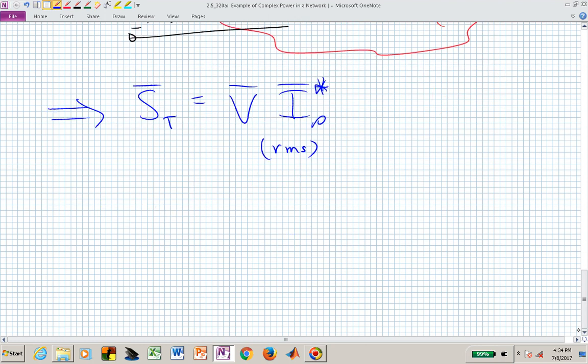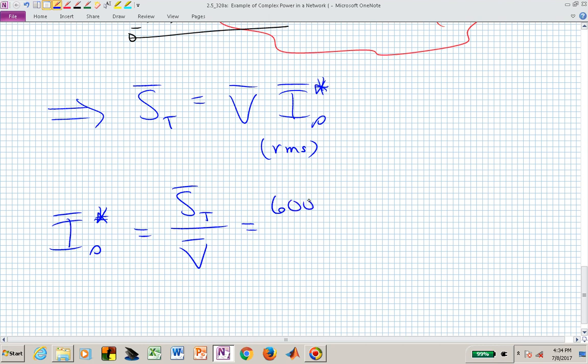Well, we're not solving for I sub s directly. We're solving for the complex conjugate of I sub s, but that's okay because once we have that value, it's not hard to find the actual current. But let's now solve for the complex conjugate of the source current. That's the total complex power divided by the voltage phasor.